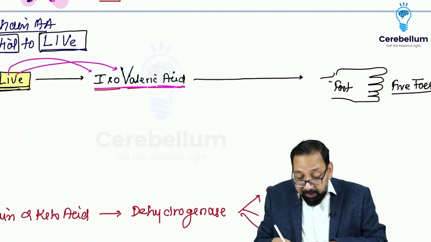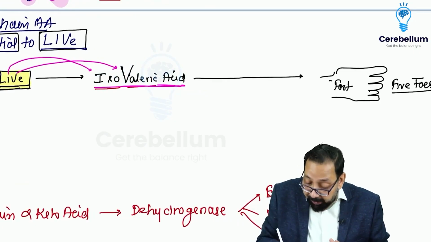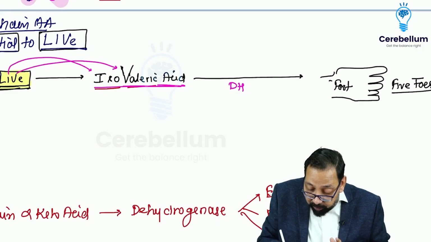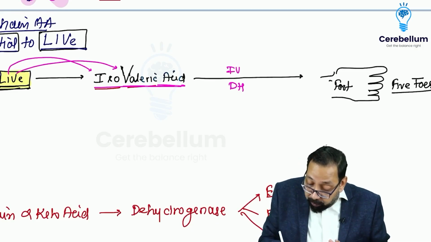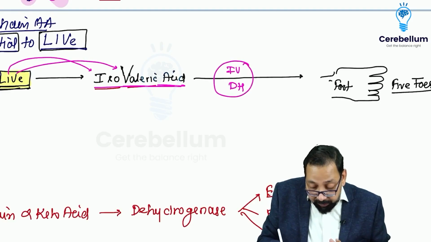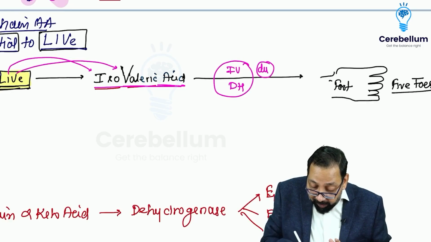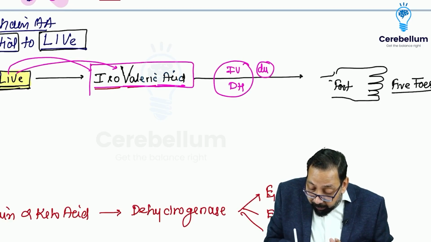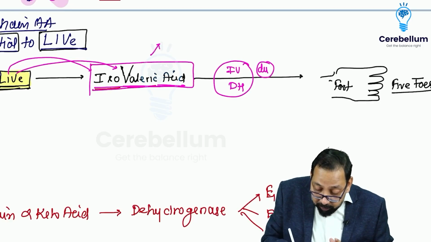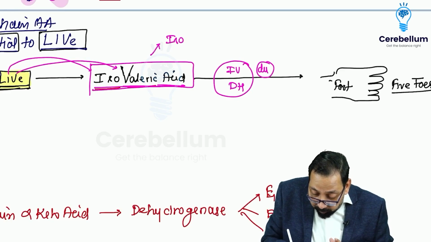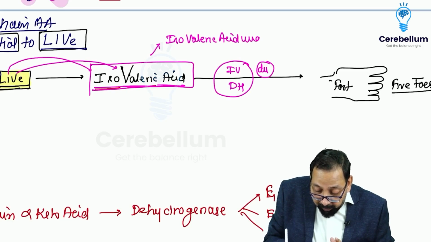This isovaleric acid is further metabolized by isovaleric acid dehydrogenase. If isovaleric acid dehydrogenase is deficient, then this isovaleric acid will accumulate. So isovaleric aciduria.